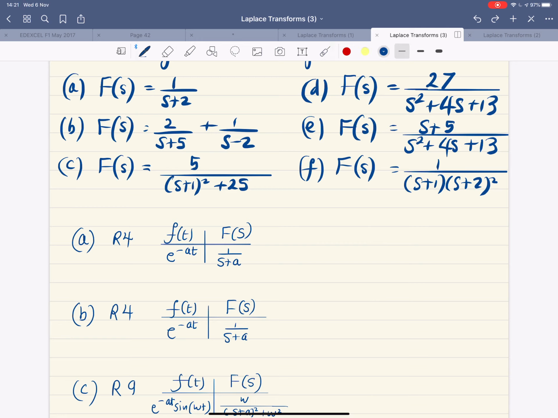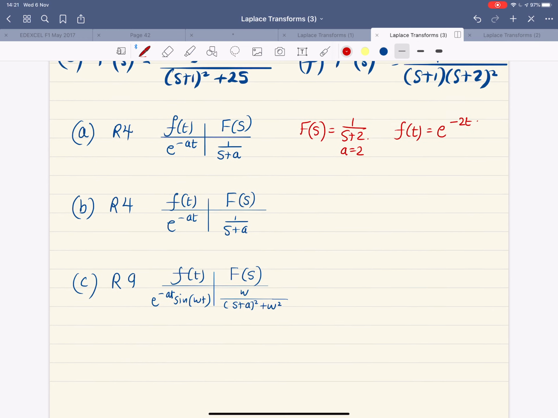So the question is f of s is 1 over s plus 2, and find f of t. What is the function that when we apply the Laplace transform we get 1 over s plus 2? Looking at row 4, we've got 1 over s plus a, so a is 2. So here's the answer with a equal to 2, so it's e to the minus 2t.